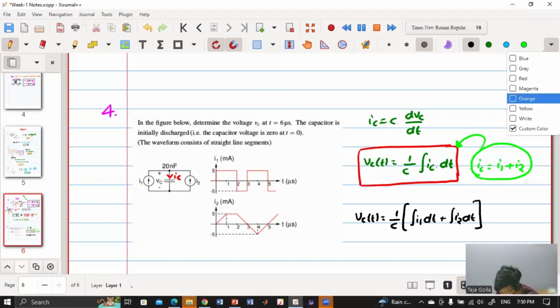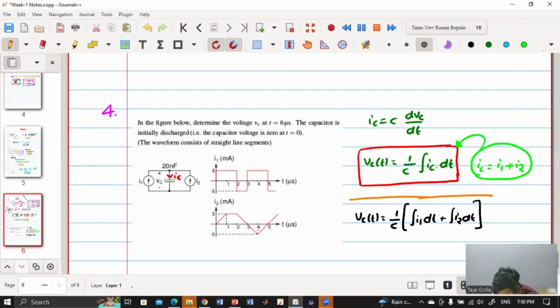Now we know that integration is nothing but area under the curve, right? So they have asked time till 6 microsecond, right? So now what we have to do is, this is 6 microsecond. This is also 6 microsecond. So we have to add the area of this curve.